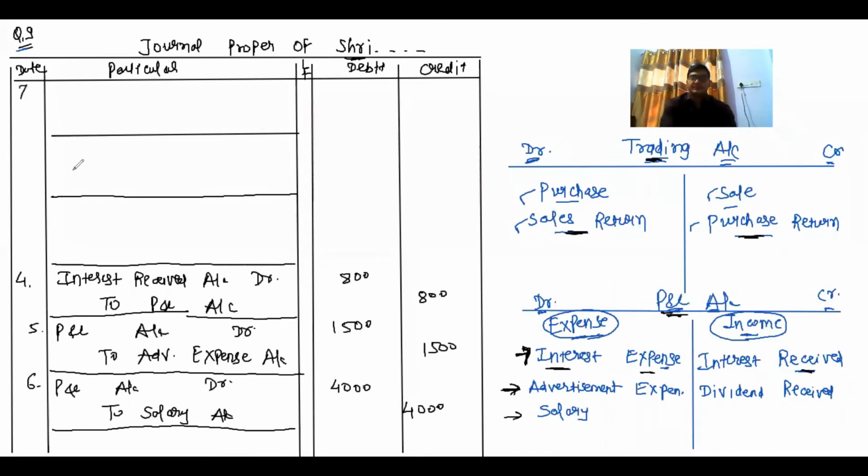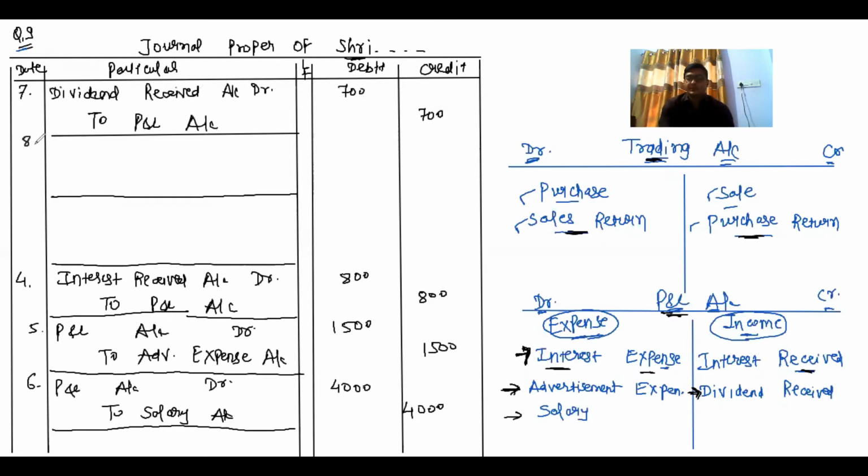Point number seven, dividend received. Dividend received is credit side in P&L account. So P&L account credit and dividend received account debit. Amount is 700.